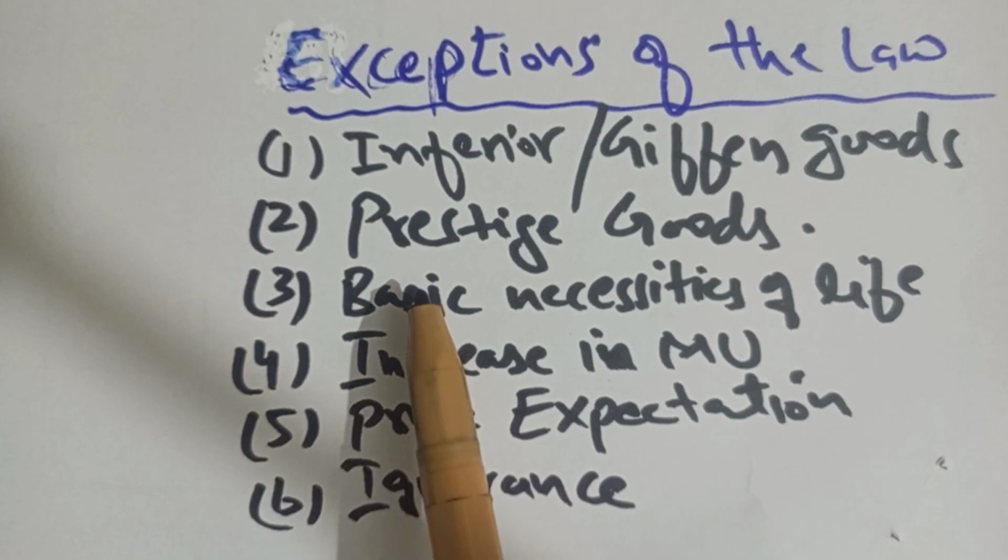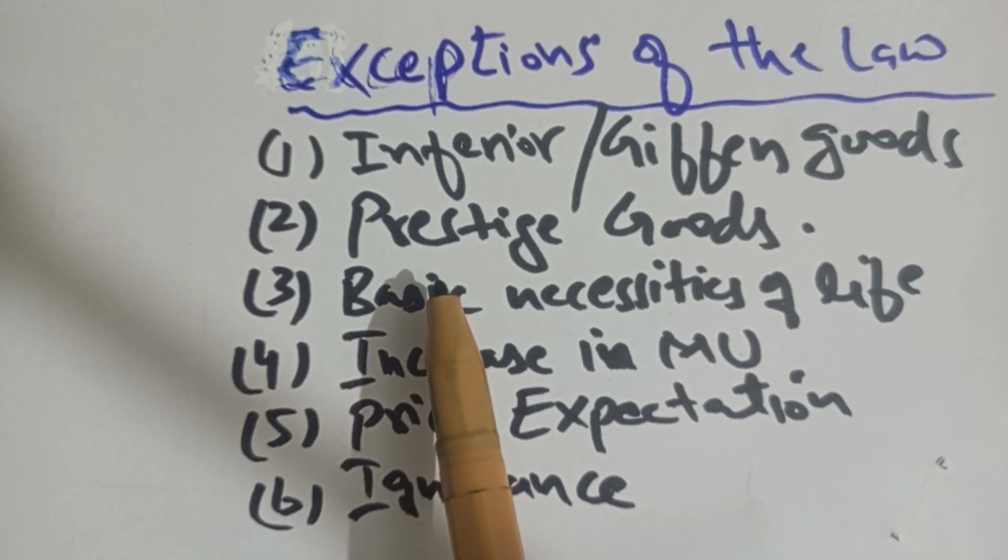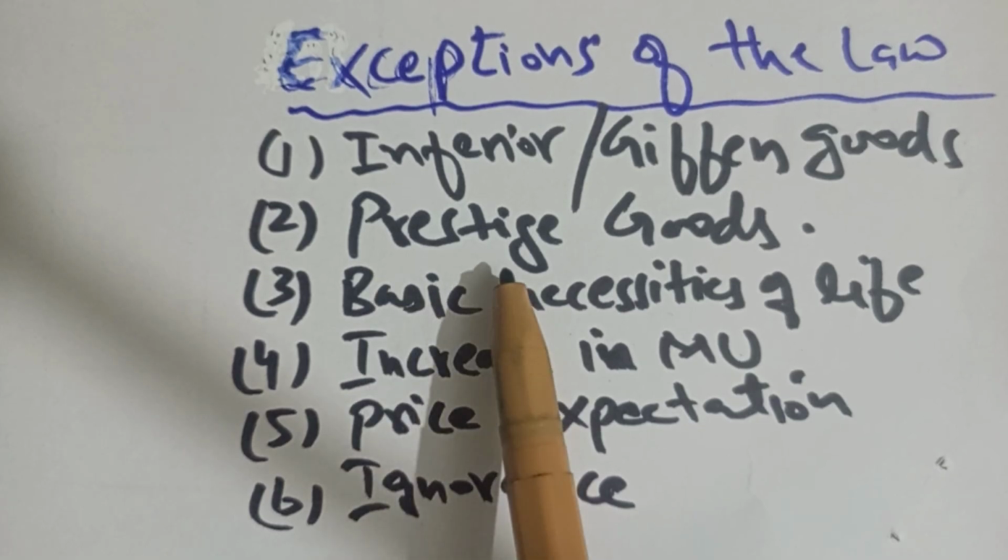There are certain commodities like diamonds, sports cars, etc., which are purchased as a mark of distinction in society. If the price of these goods rises, the demand for them may also rise instead of falling. Such types of goods are called prestige goods.